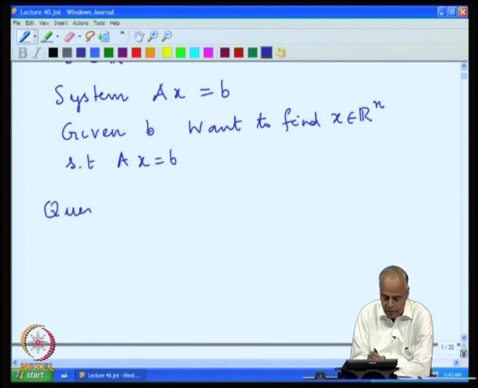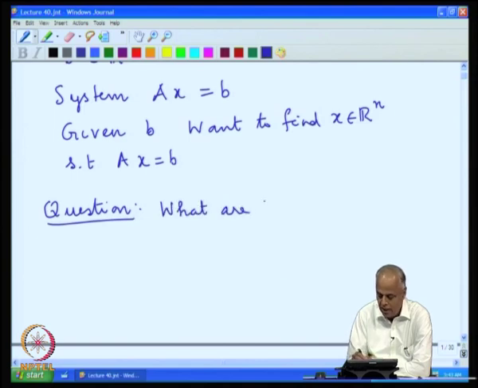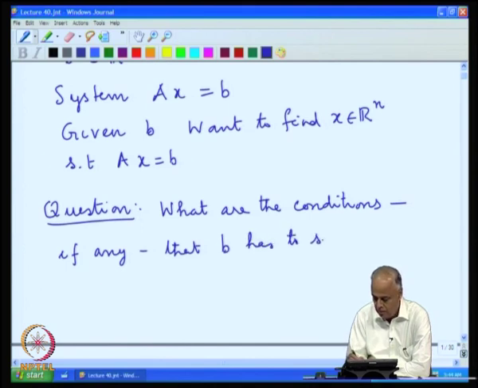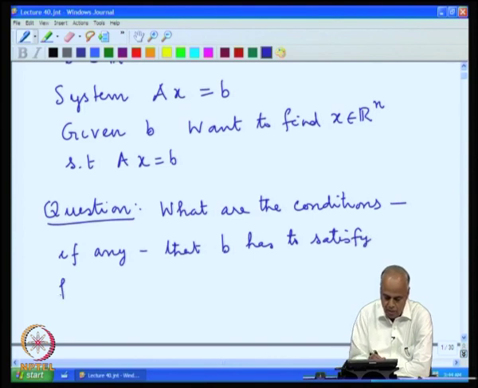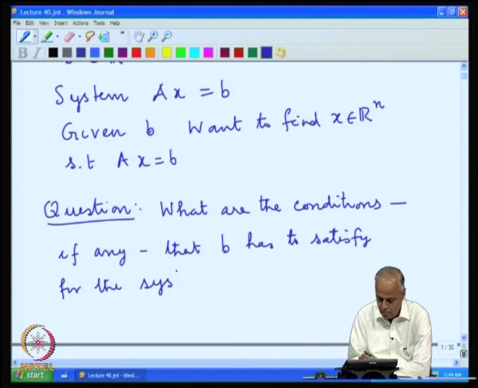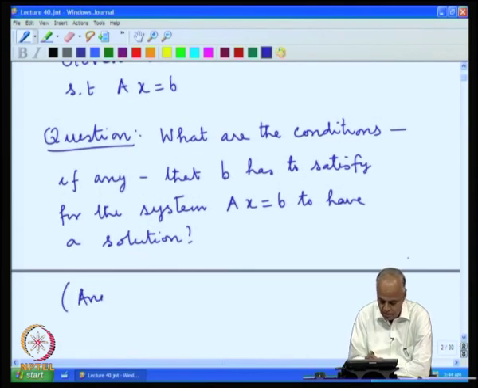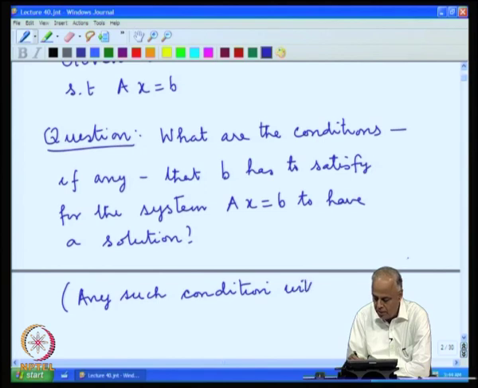So, the question that we raised was what is the condition, if any, that B has to satisfy for the system A x equal to B to have a solution, and any such condition will be called a consistency condition.